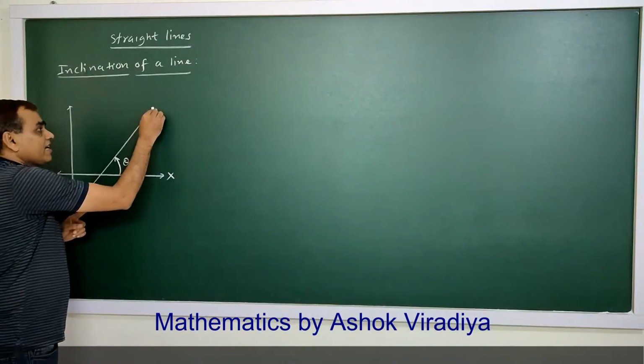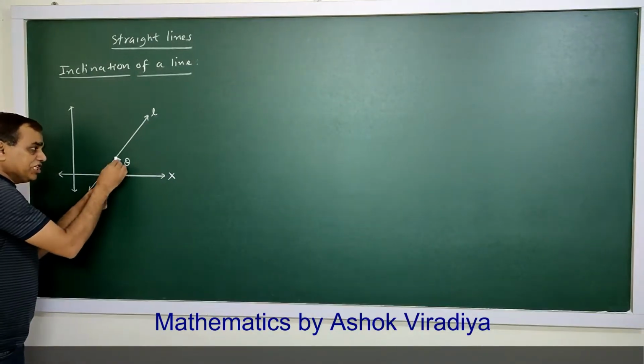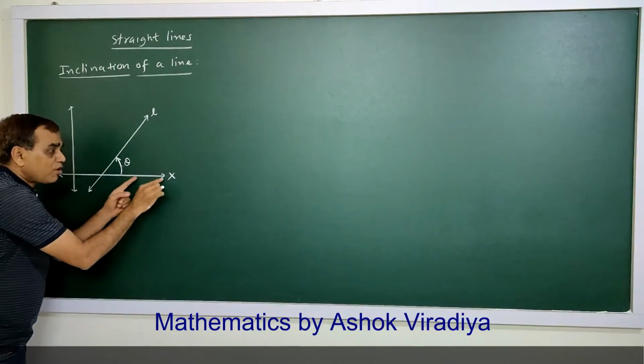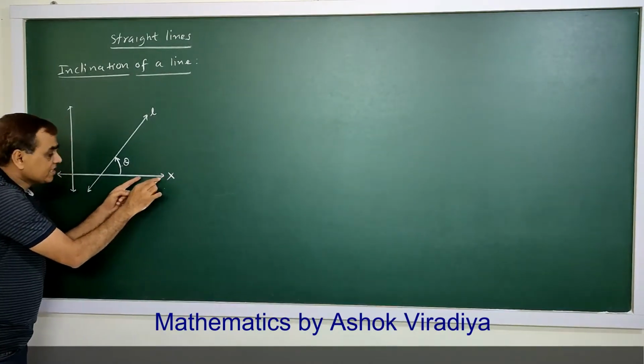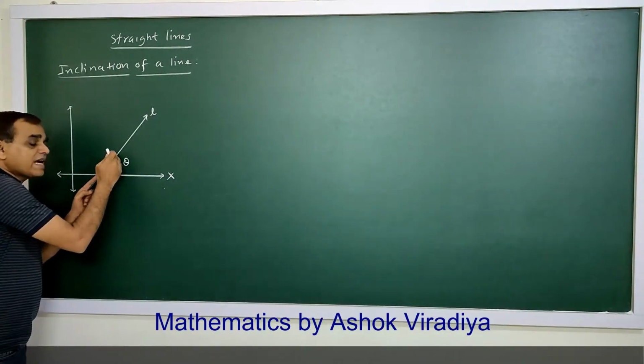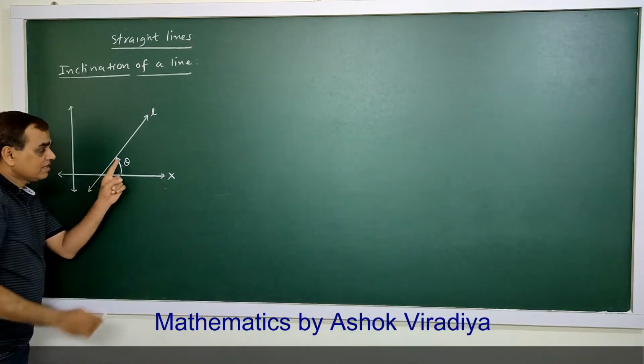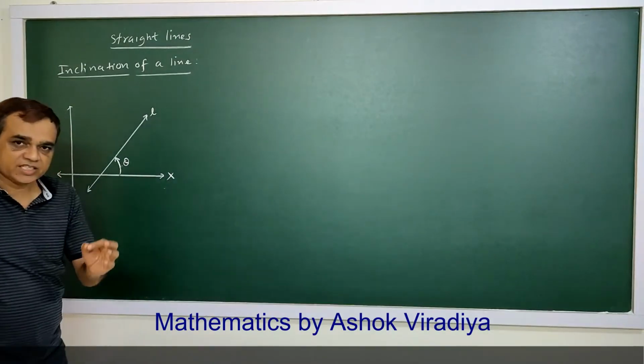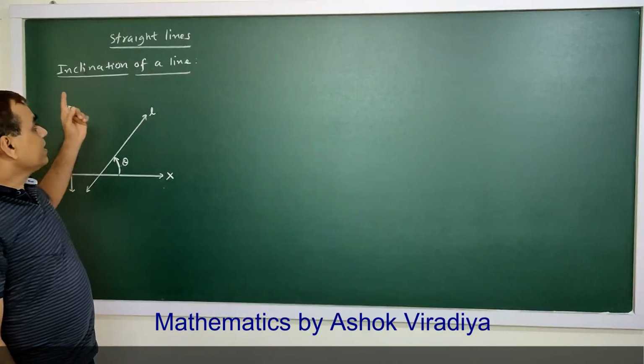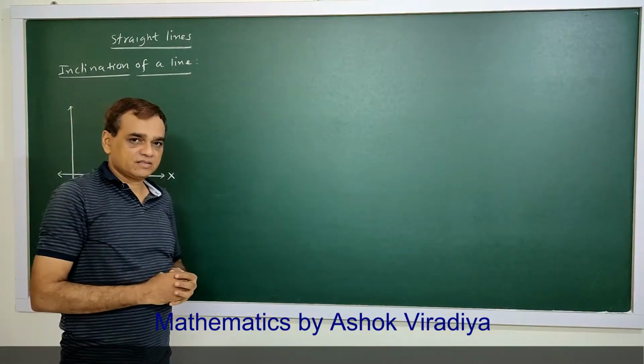So here this line L makes angle theta with the positive direction of the x-axis measured anti-clockwise. Then this theta is said to be the inclination of the line.